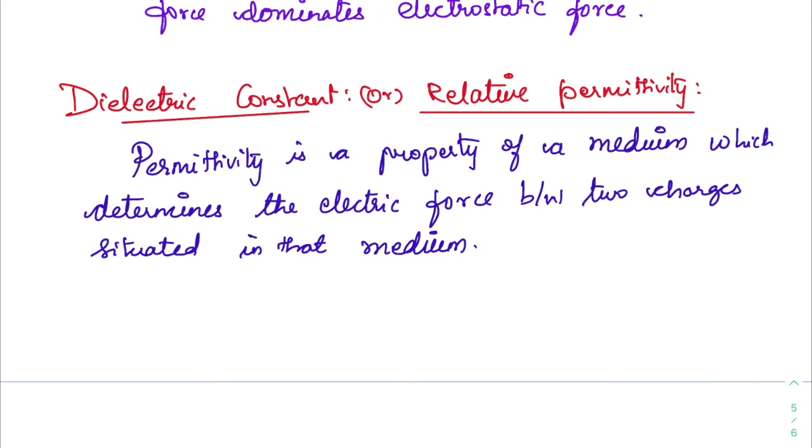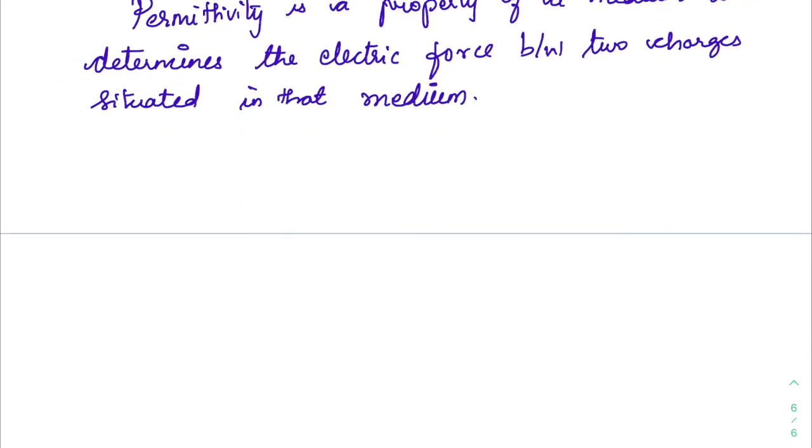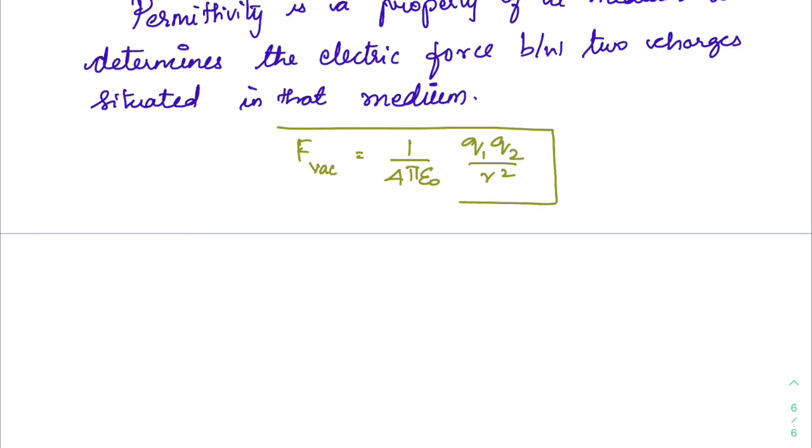Now, coming to the relative permittivity equation, we have to derive that. You know, the force experienced between two point charges in vacuum, according to Coulomb's law, is 1 by 4 pi epsilon naught q1 q2 by r square, if they are separated by a distance r. This is the condition in vacuum.